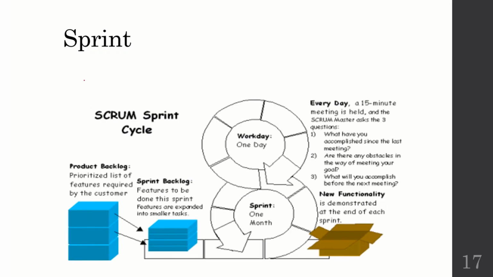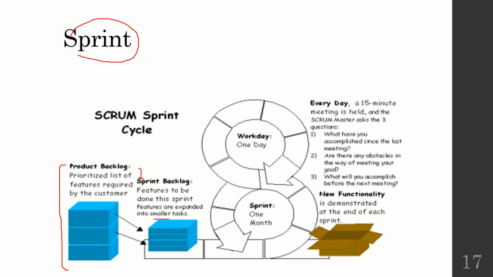Now this figure is showing you the pictorial representation of a sprint. Here we can see a sprint cycle in which we first start from the product backlog, the complete list of requirements given by the user, and then this product backlog is converted into the sprint backlog, where the different functionalities result in a number of sets, and these are the features to be done in the particular sprint. Further, these features are expanded into smaller tasks.